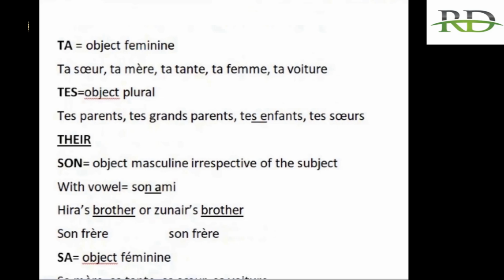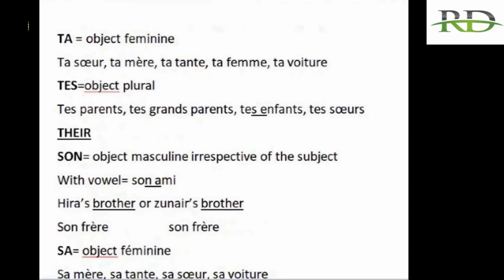Ma, ta, and sa. What is the common rule? Anybody? What's the common rule here? Masculine and feminine with vowel. No, Jawad, not feminine. Masculine and singular with vowel. Exactly.